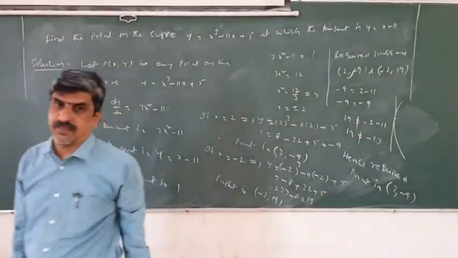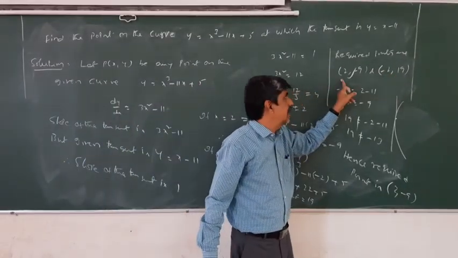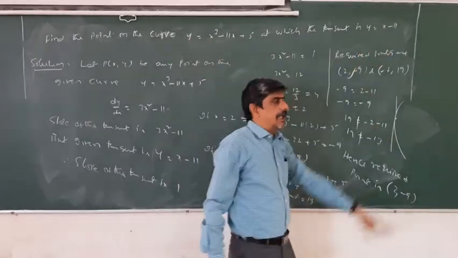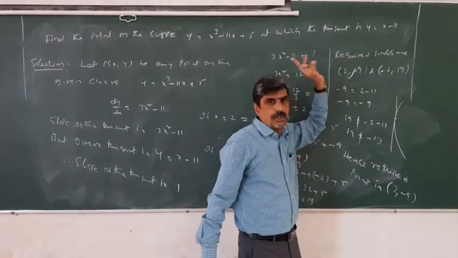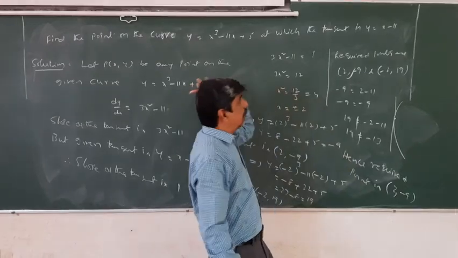Only one point satisfies. There seem to be 2 points here, but of these 2 points, this point satisfies the curve as well as the line, but (minus 2, 19) does not satisfy both. So this is not the point. Only one point satisfies both.